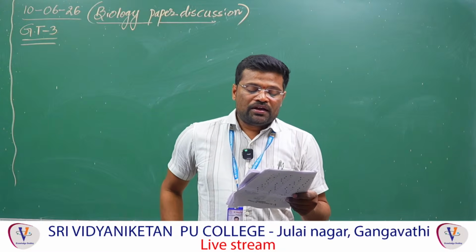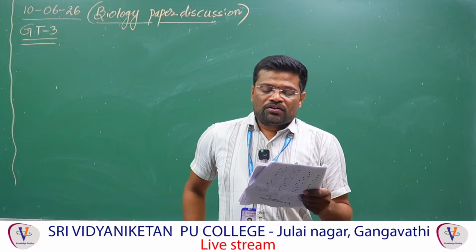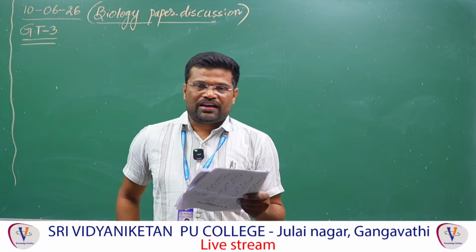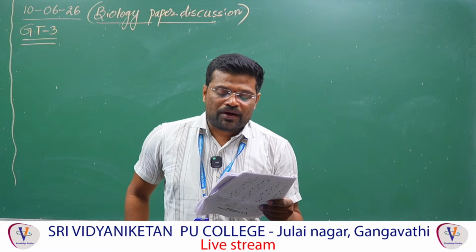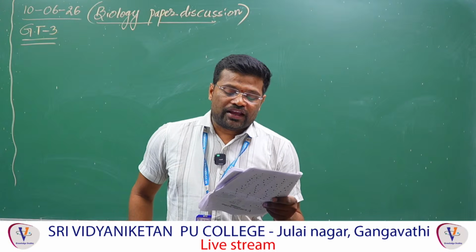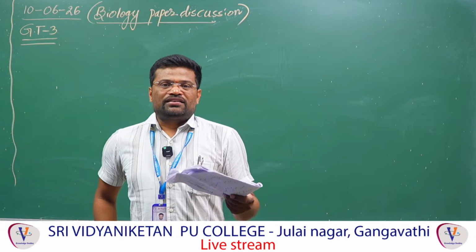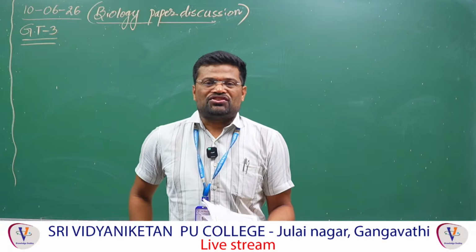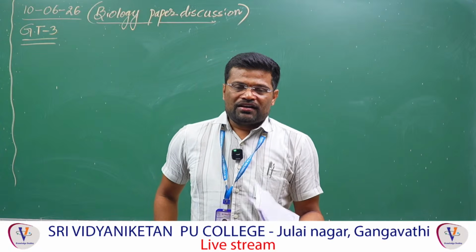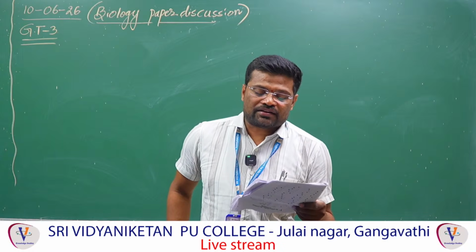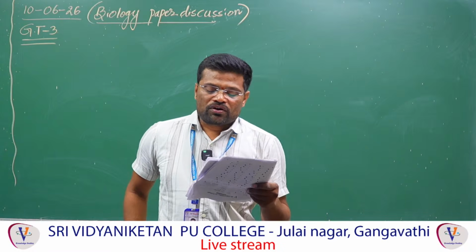131, match the column. Gliding joint is located between carpals. So A, 3. B, hinge joint: elbow joint, knee joint, joint between phalanges come under hinge joint. So B4.